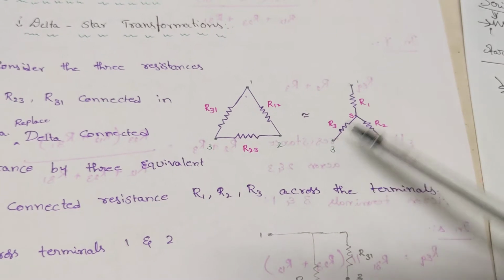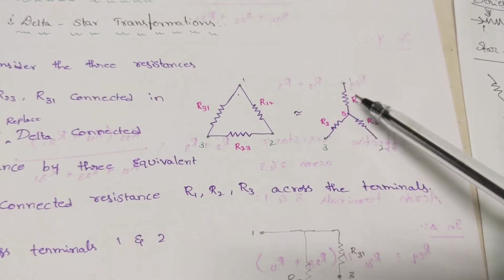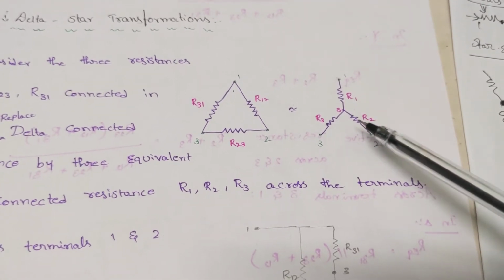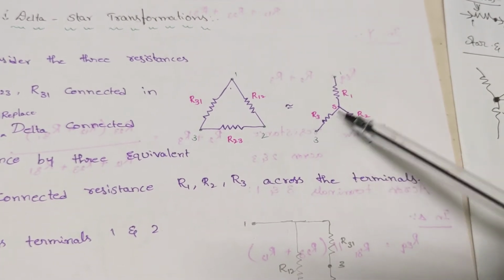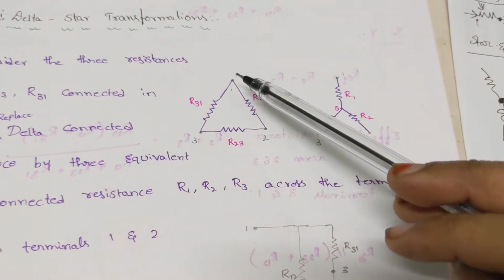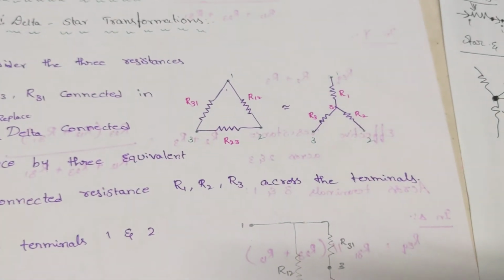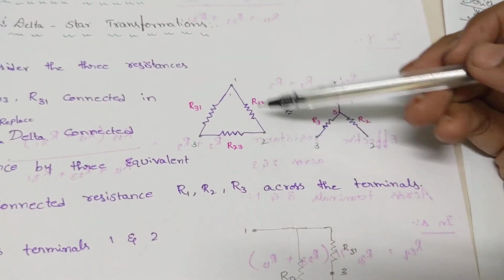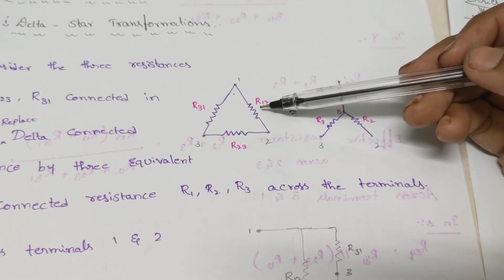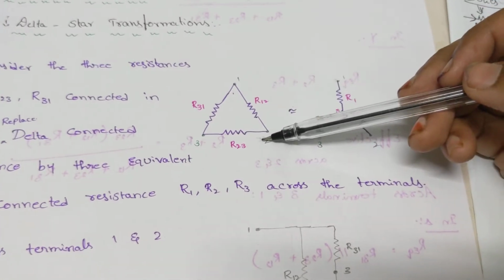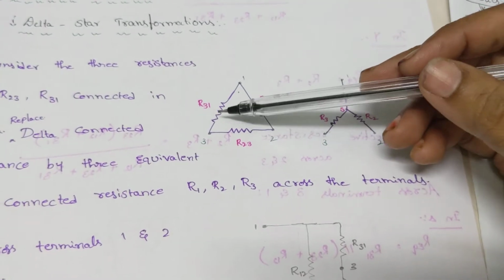From 0, that is neutral, to 1, I have only one resistor, which I consider as R1. Similarly here it is R2, and from 0 to 3 it is a single resistor, R3. Likewise, between node 1 and node 2 I have one resistor, that is R12. Between 2 and 3 it is R23, and between 1 and 3 it is R31.